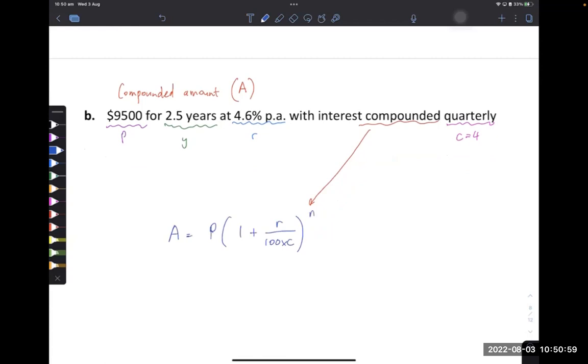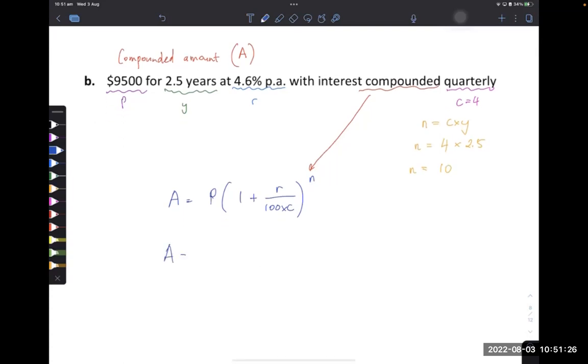Do we need to do an extra calculation here? Which letter do we need to find in the equation? N. Okay, so we're going to do a bit of a side calculation here. N equals C times Y. How many times are we compounding a year? 4 times. How many years? 2.5. What's 4 times 2.5? 10.